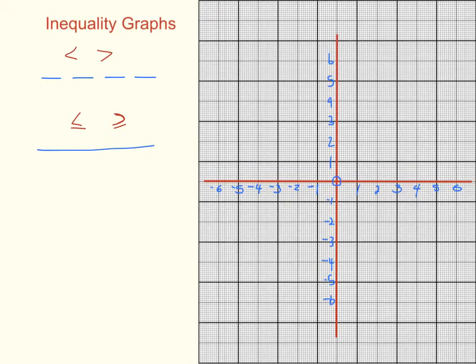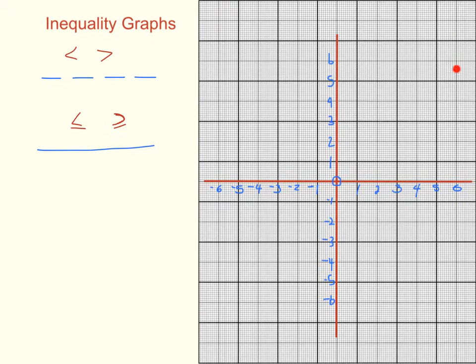Before we get started on the actual graph, let's get a few things straight. On my graph here, I have my x values 1, 2, 3, 4, 5, 6, and minus 1, minus 2, minus 3, minus 4, minus 5, and minus 6. These lines on my x-axis are all vertical lines.